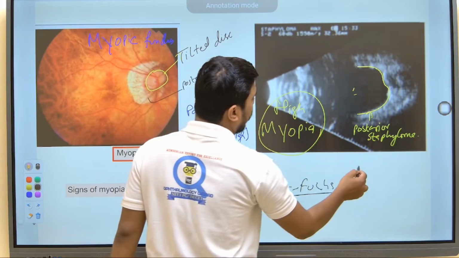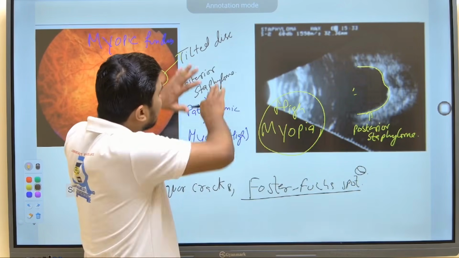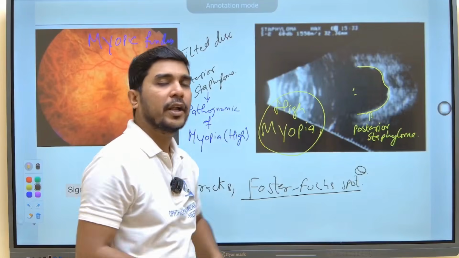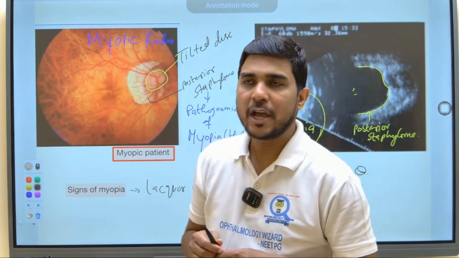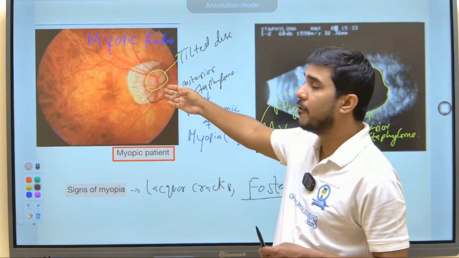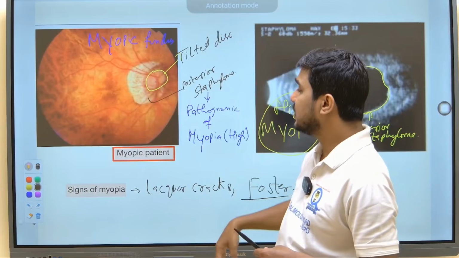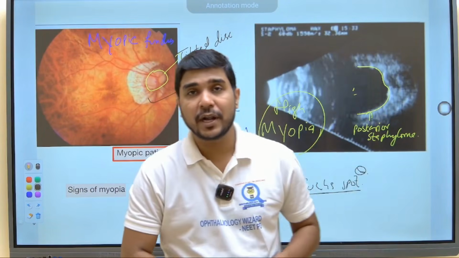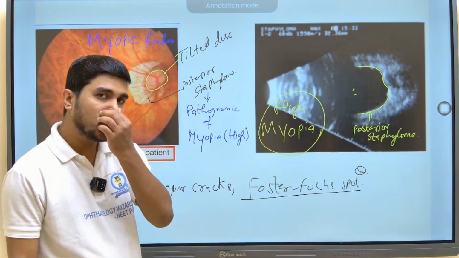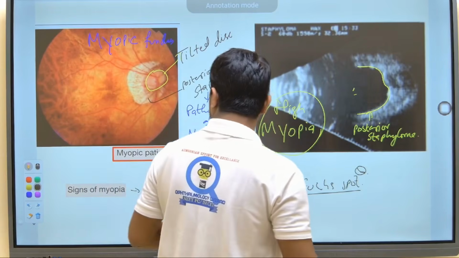So it's very important to understand. Basically this whole scenario is very important for you to understand the myopic patient. So a myopic fundus will have a posterior staphyloma, tilted disc, lacquer cracks, Foster Fuchs spot, and this type of B scan picture. Understood? I hope.